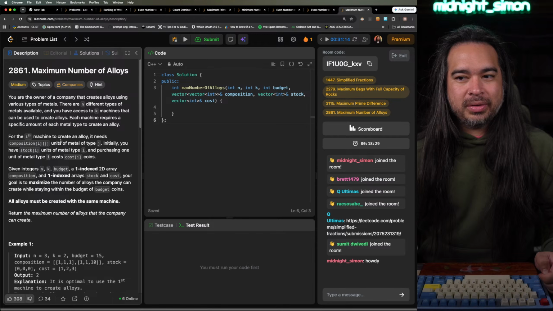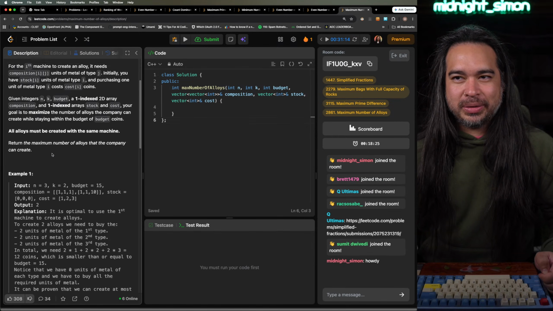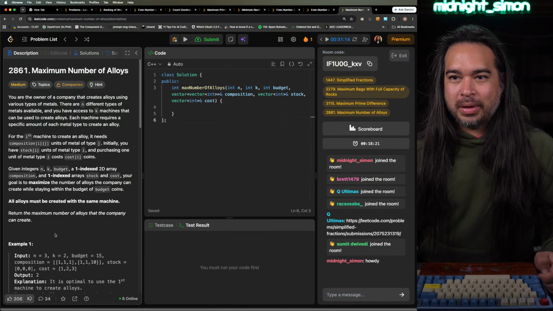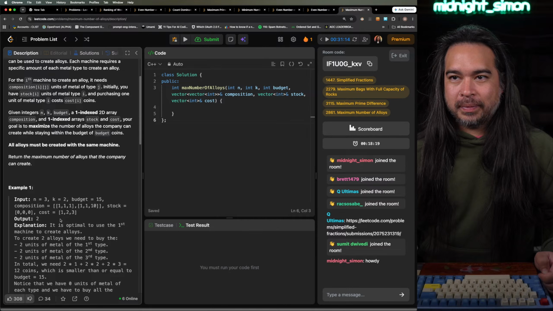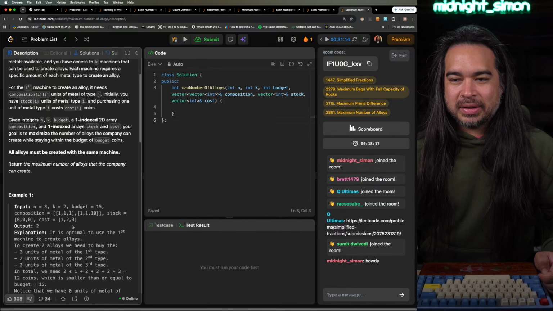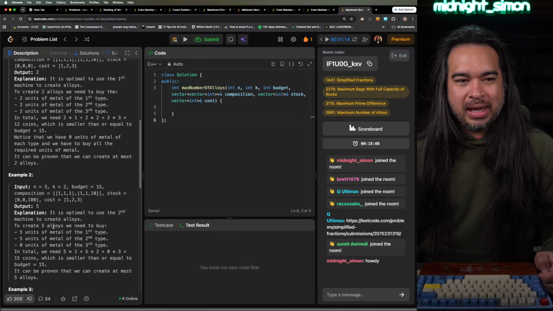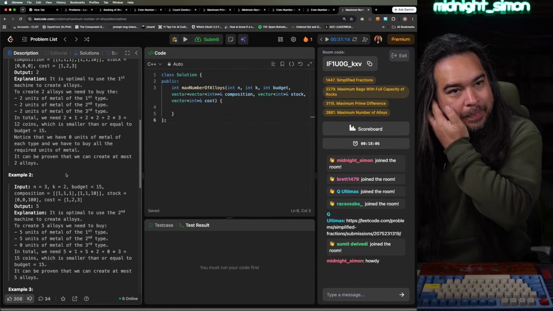Alright, I don't know how to do this. I don't really know, but it's saying there's a cost and there's a finite amount of metals. Is this just take it or leave it on crack?